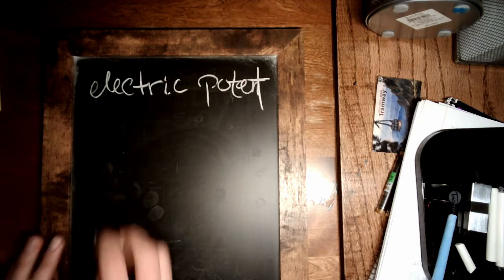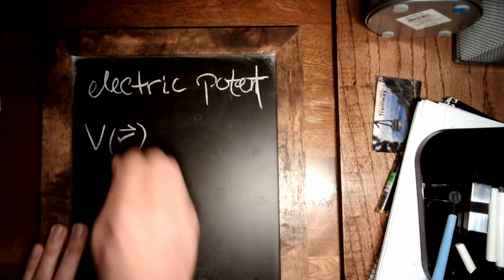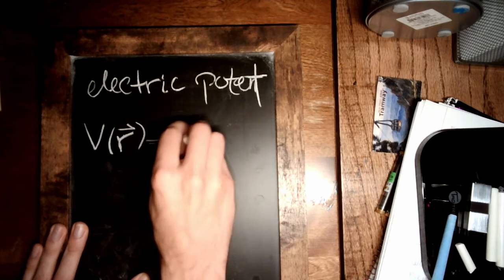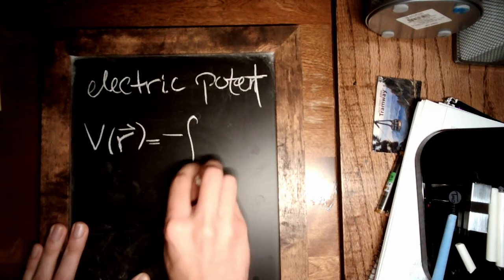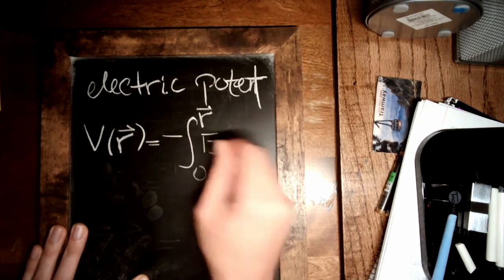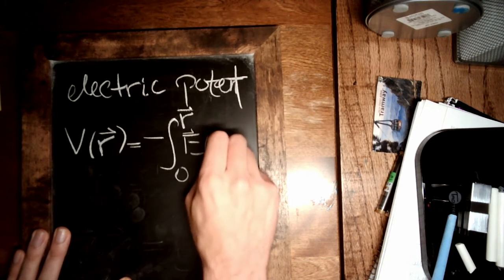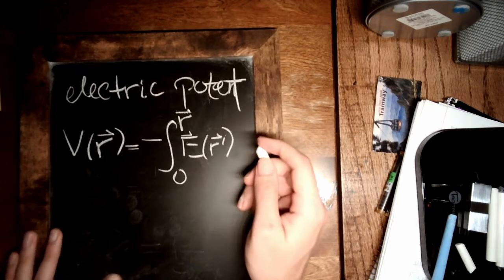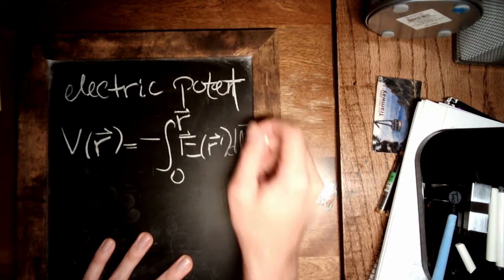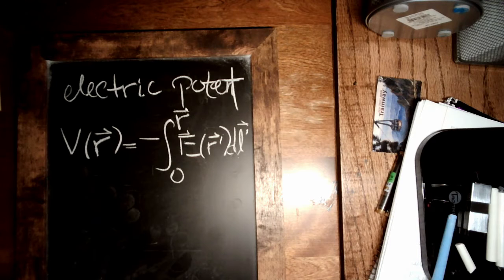Now, one way to define this quantity V, which is the electric potential, is to say that it's an integral from the origin out to the point r that we're measuring it at of the electric field with respect to the path that we take to get to that point, dl prime.